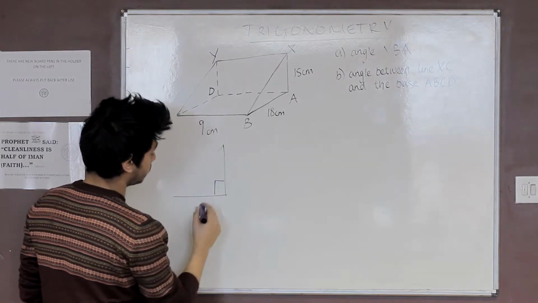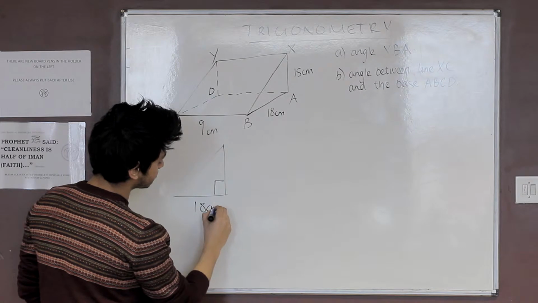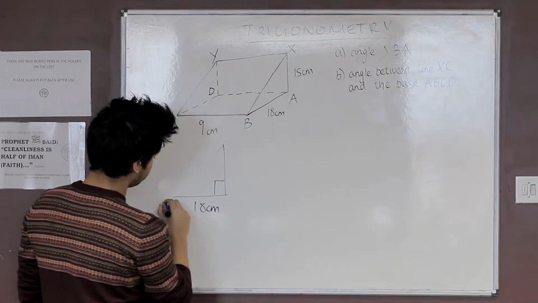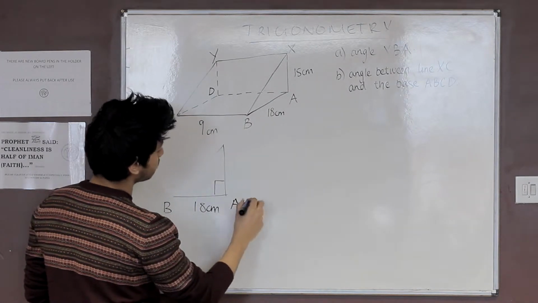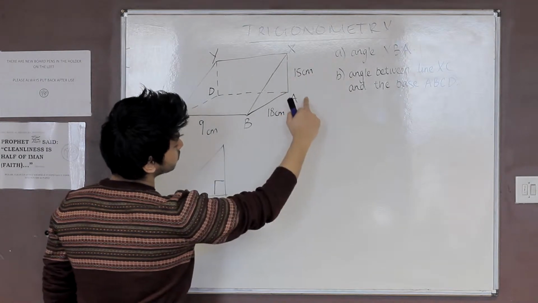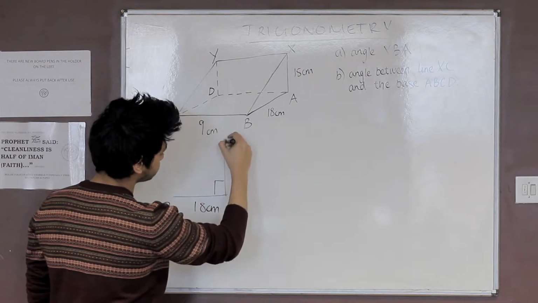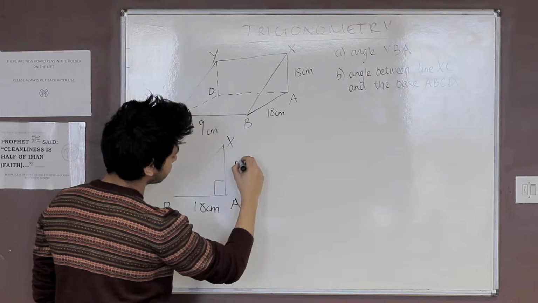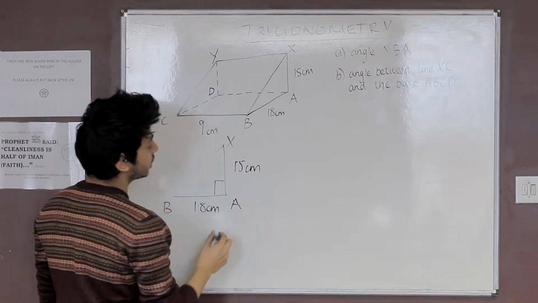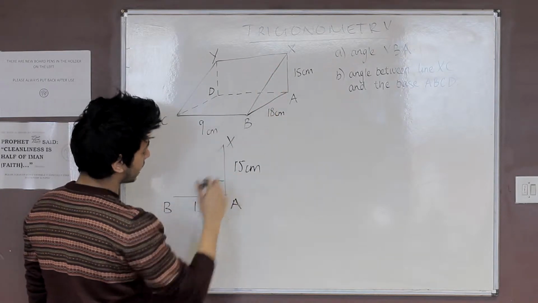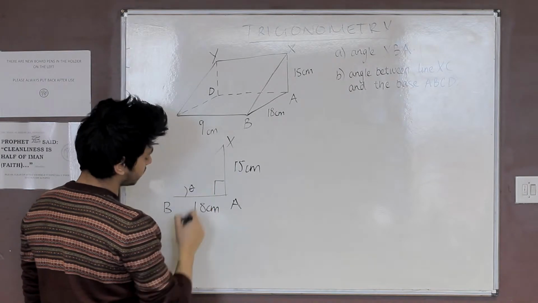So here's a triangle. We know that there's 18 centimeters at the base between B and A, and 15 centimeters between A and X, and we're asked to find XBA. Let's label that as theta.